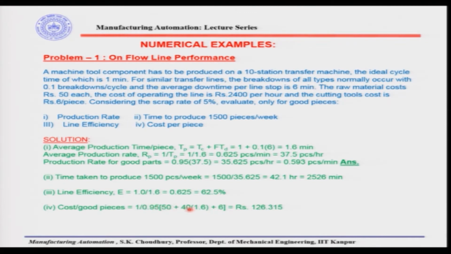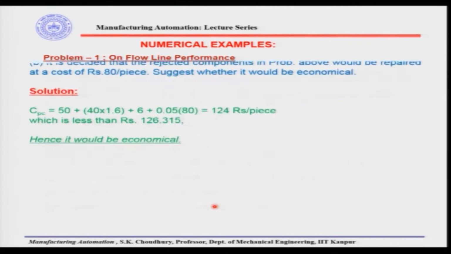Apart from that, we have to incur a cost of rupees 80 per piece for the rejected pieces. So, 0.05 has to be multiplied by the cost, and overall these are not changing. So, 50 plus 40 into 1.6, this is the TD, plus 6 is the tooling cost, plus this repairing cost of rupees 80 for the 0.05 fraction, and that will be 124 rupees per piece.